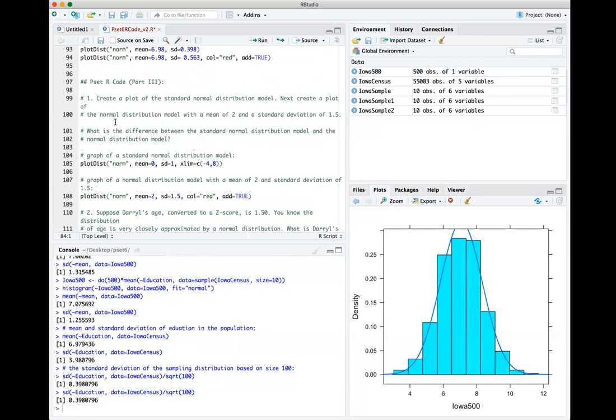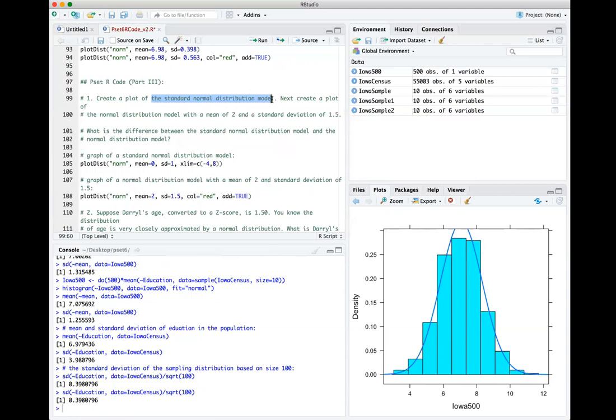Now, there's something about a normal distribution. With the central limit theorem, we now have one bell curve to describe the sampling distribution. We often call this the standard normal distribution model. Standard meaning it's across many different kinds of samples.